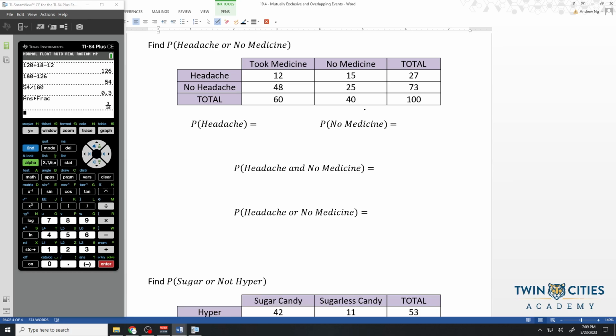Why did you take medication if you did? Why didn't you take medication if you didn't, etc. So just a quick interview with one of these people. What's the probability that I would select someone in that room who had a headache? Well, 27 people had a headache out of the 100. So that'd be 27 over 100.